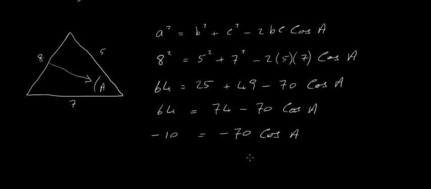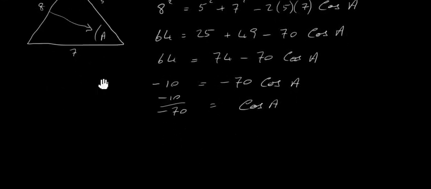So here we get minus 10 on this side, we have minus 70 cosine A here. So divide by minus 70, that will give me cosine of A on this side. It's equal to minus 10 over minus 70. And that gives me the cos of A here as, minus divided by minus is plus, 1/7. Okay, so we have the cosine of A as being 1/7.